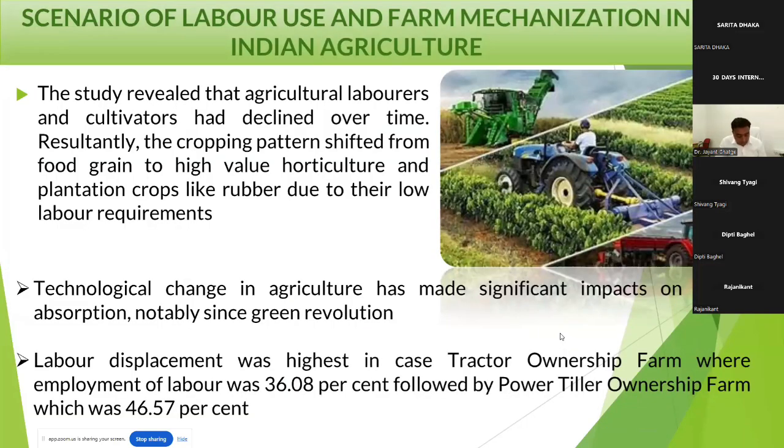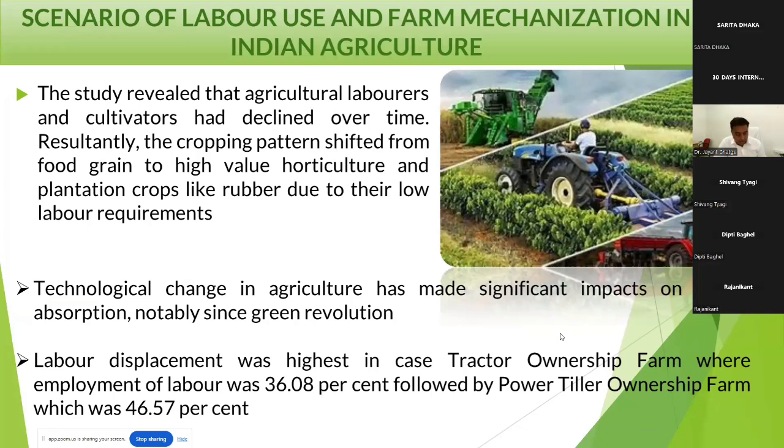When we talk about the different scenarios of labor use and farm mechanization in Indian agriculture, it involves the use of tractors, harvesters, seed drills, transplanters, irrigation systems, etc. Mechanization in India is unevenly distributed.